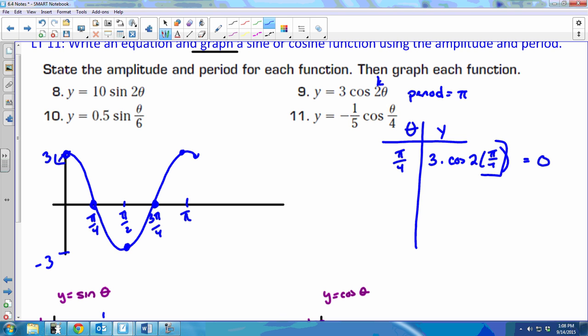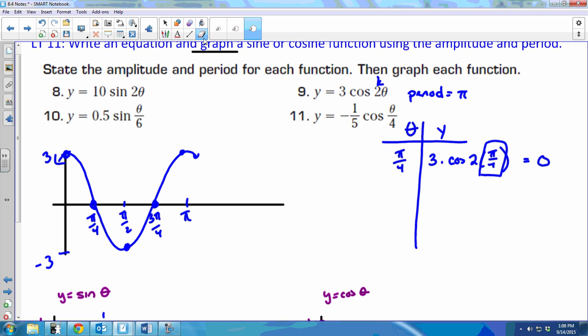We're using radian measures, so you should be in radian mode. If you're in degree mode, then it's reading that pi over 4 as a degree measure. All right, any questions on that one?